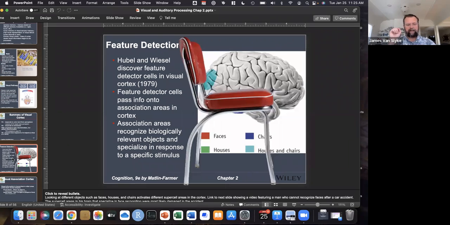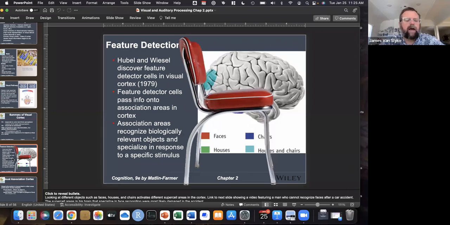They did that by sticking very small needles with electrodes in that recorded the neural firings of several different neurons within the cat brain. What they found is that different neurons respond to different kinds of features within the environment.